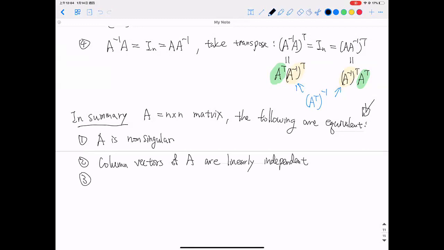Three, the system AX equals B has a unique solution for any B. Four, A is invertible.